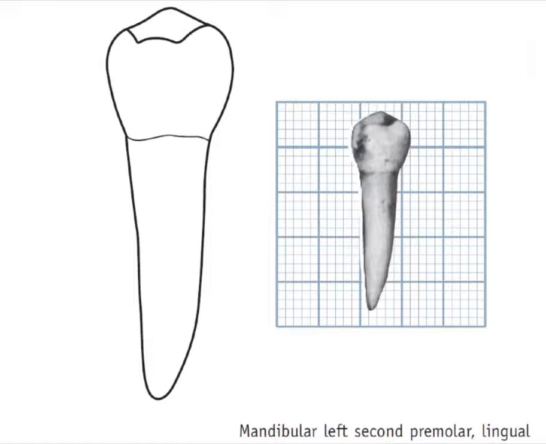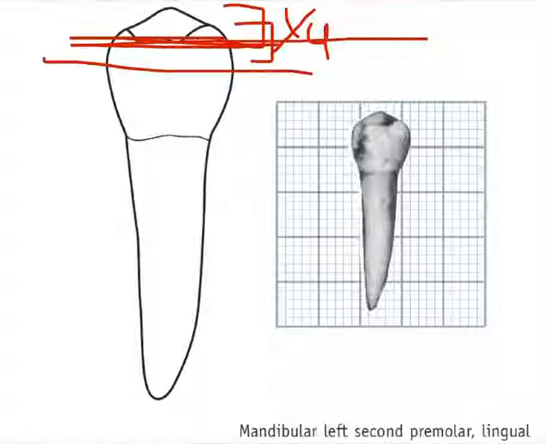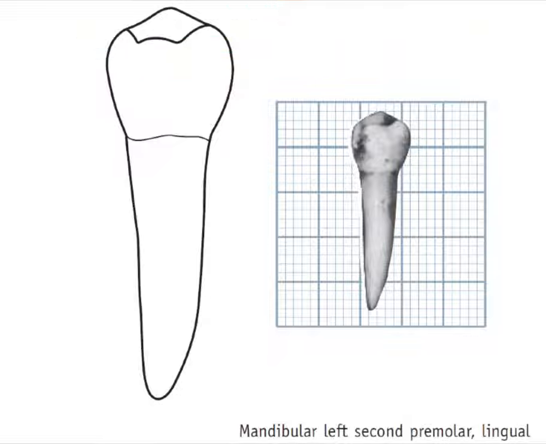The lingual cusps lie almost above the 1/3, at almost the first fourth of the length of the crown, which is all 32 millimeters. Why do we draw it like this?